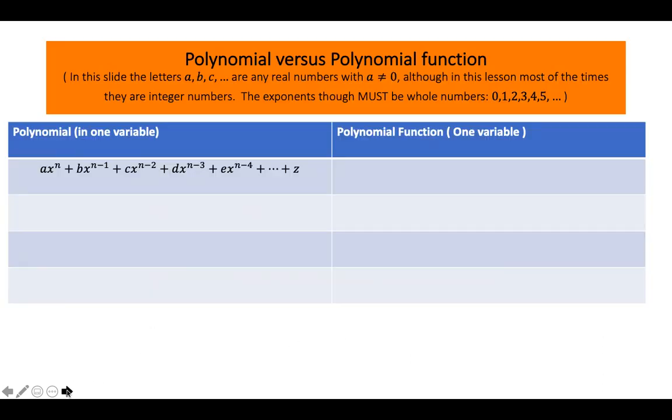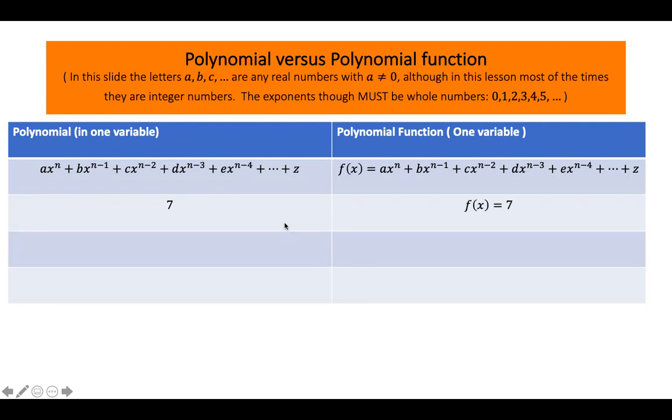Like here we got a polynomial. Now they get into the difference between a polynomial and a polynomial function. You can see that the difference between those two is basically the f of x, which makes an ordered pair with what I do to the number x and the corresponding answer. So you think of this as a collection of points, whereas these here are just numbers.